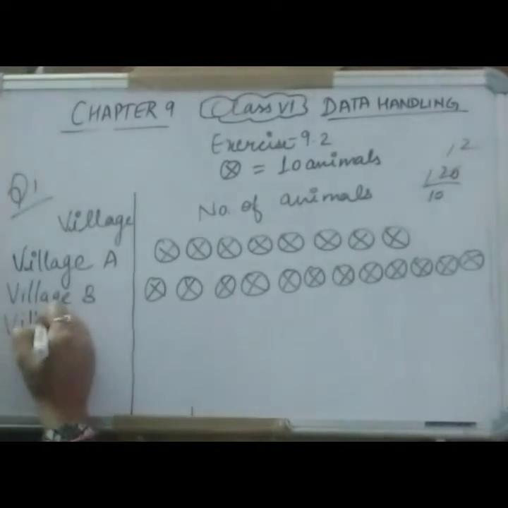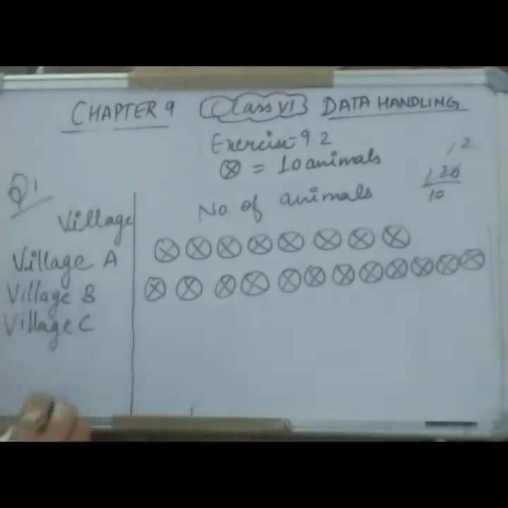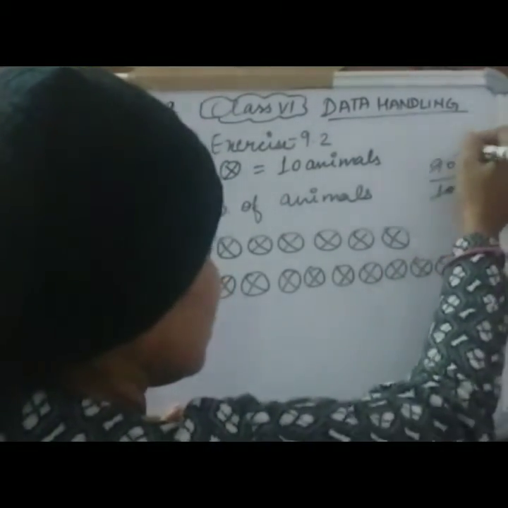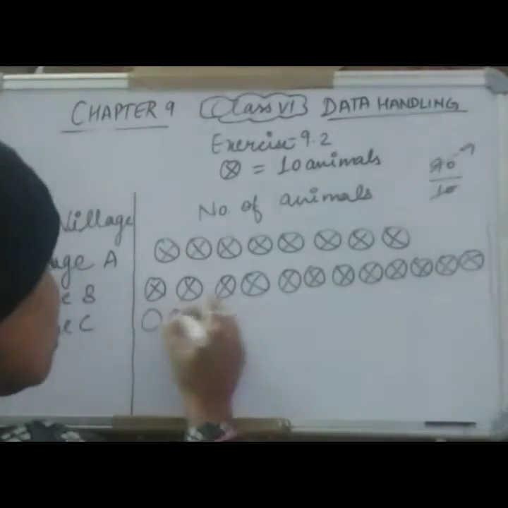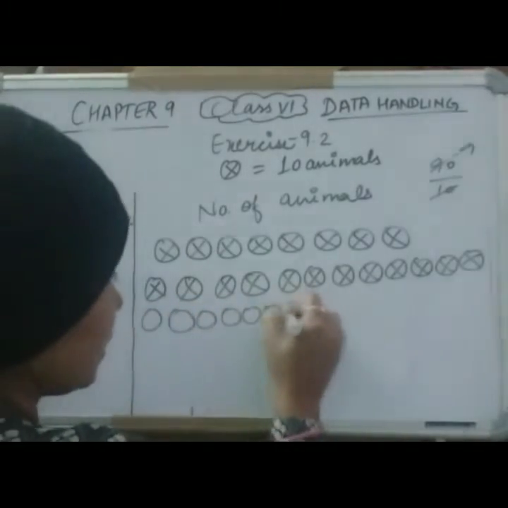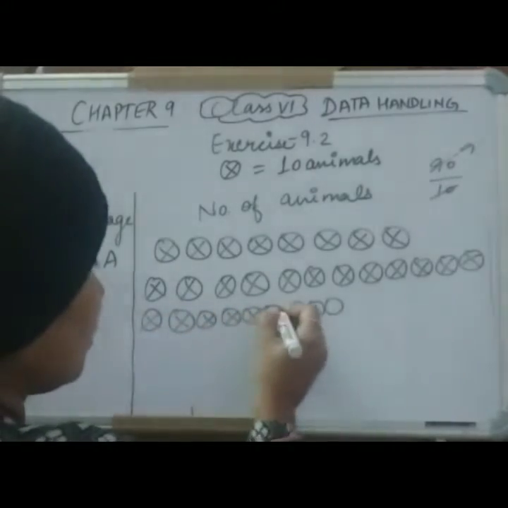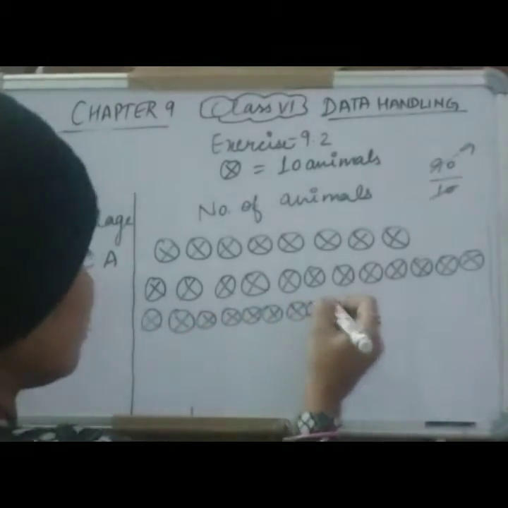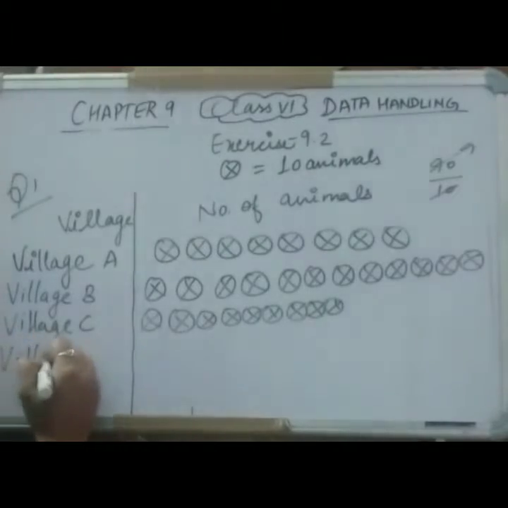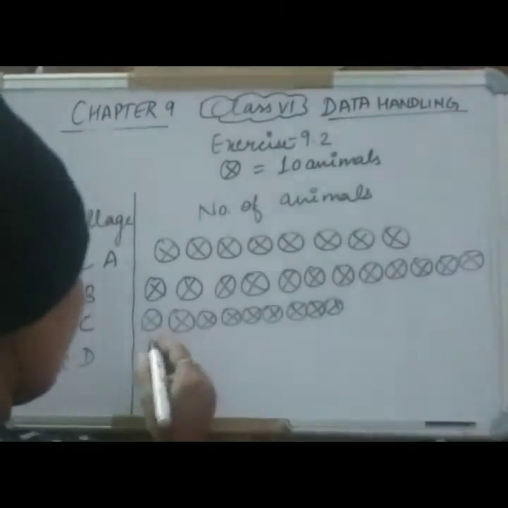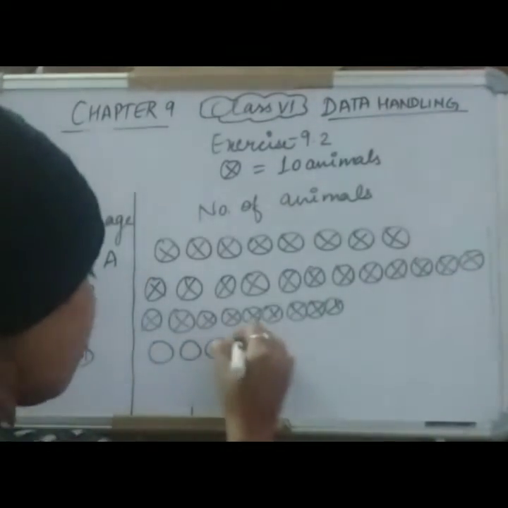Now come to village C. Village C has 90. So 90 divided by 10 will be 9. So 1, 2, 3, 4, 5, 6, 7, 8, 9. This is for village C. Now for village D. In village D, it is 40, means 4: 1, 2, 3, 4.